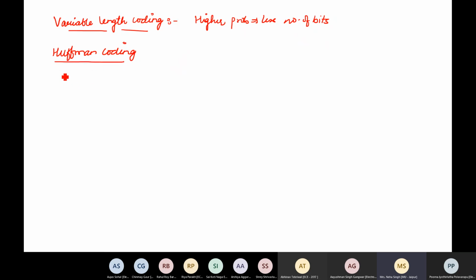What we did in Huffman coding was we arranged the symbols in the decreasing order of probability and then kept on adding the last two entries and rearranging the probabilities at every step and finally giving the code such that one bit was added in every step.